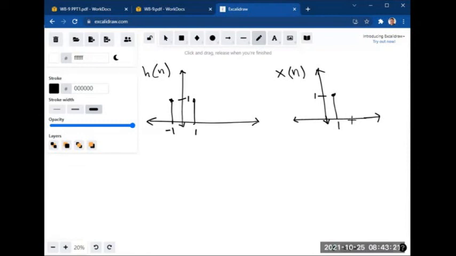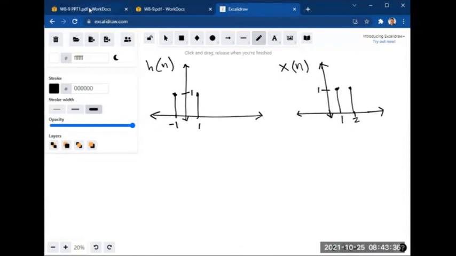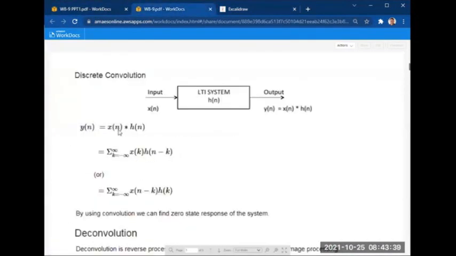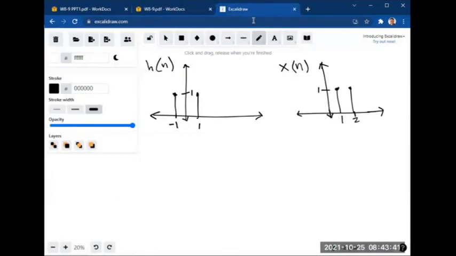So this is for our discrete. Now, the representation of discrete is x of n convolved with h of n, so y of n.